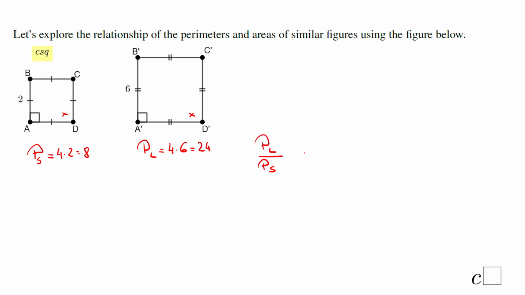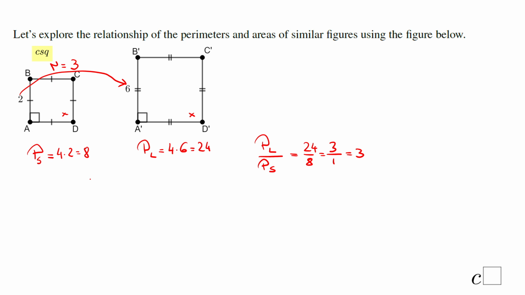I think it's better to look at it this way. It's going to be 24 over 8, which is nothing else than 3 over 1, or just 3. Now, please take a look here and you notice it's the same scale factor, because if I do 6 divided by 2, I get 3. This is the scale factor. So the ratio of the perimeters is the same as the scale factor.